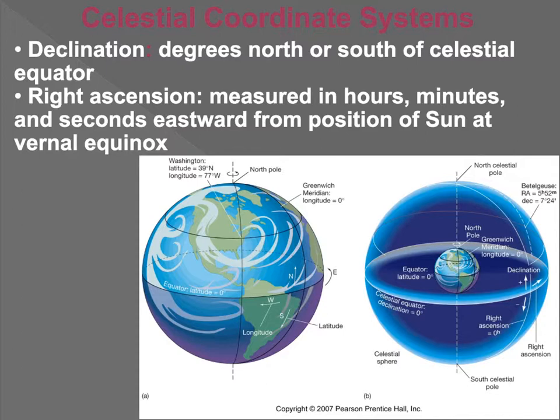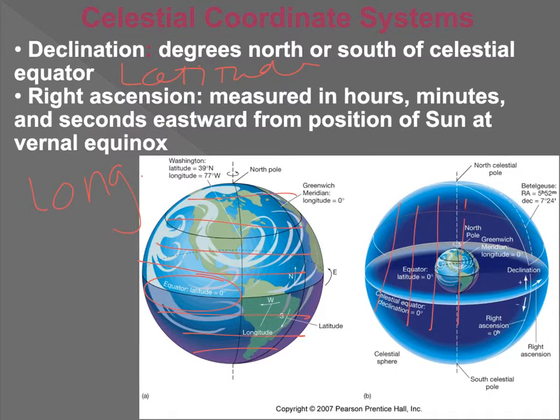So what we can remember is that declination is equivalent to latitude, and right ascension is equivalent to longitude. And we can remember that, again, latitude, so there's the equator, that's a latitude 0. So our latitude runs north-south, our longitude runs east-west.